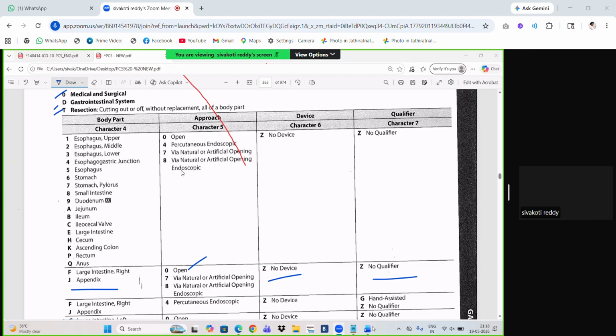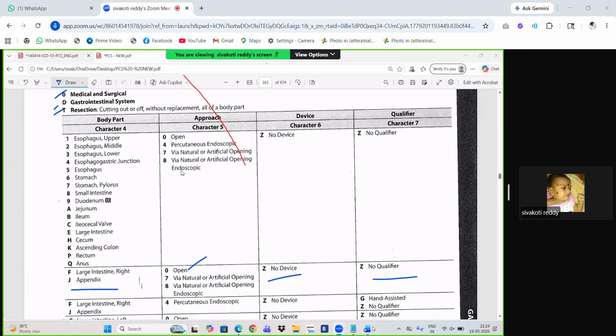Tomorrow onwards, join sharp at 8 o'clock. I will take 8 to 9:30. Tomorrow onwards, daily we can practice the examples. Same thing we are going to practice in this coming week, the complete week. Daily I will show the examples, each root operation, how to build the codes.